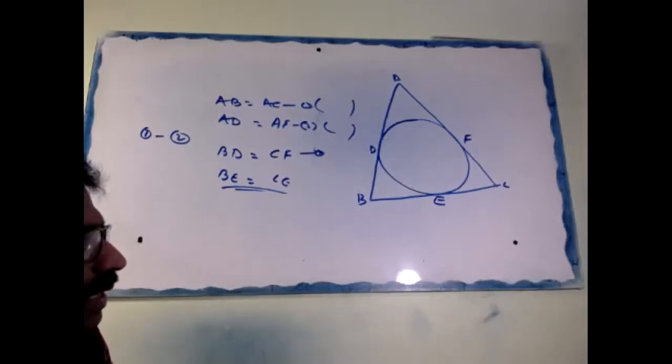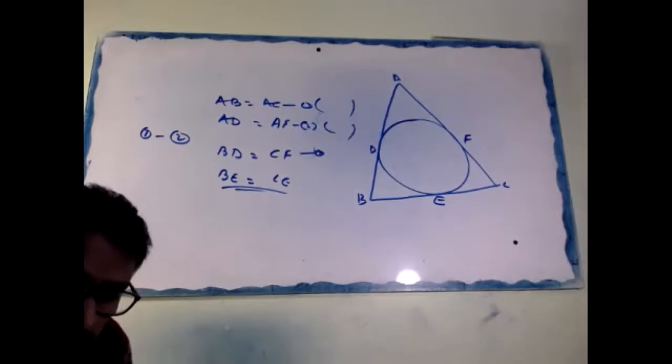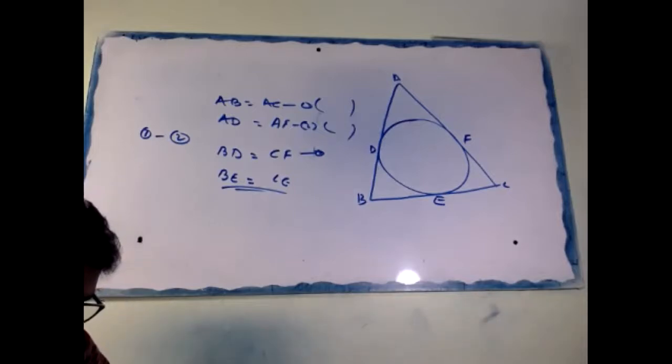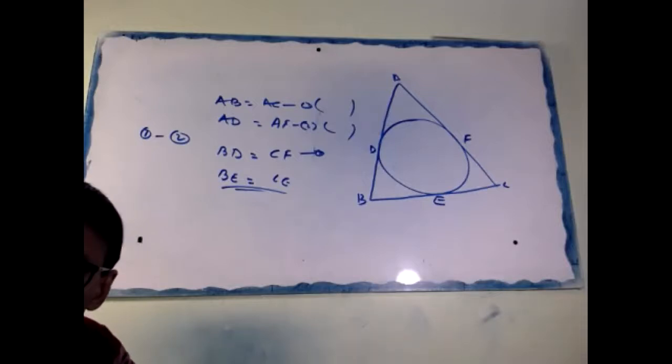From 3 and 4 we get BE equal to CE. Okay, finish.